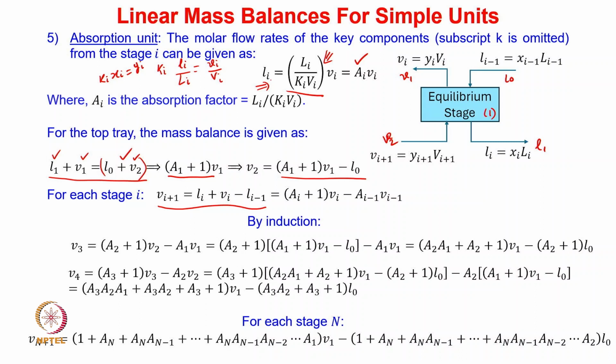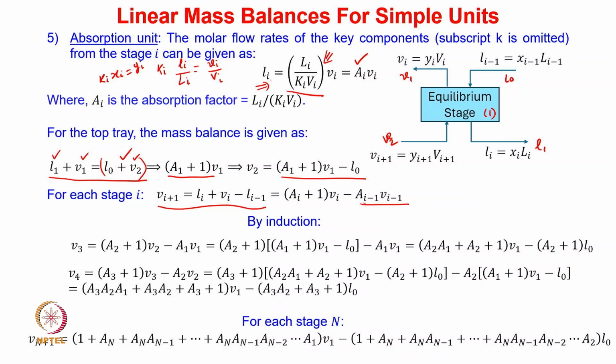In this particular case, L_i can be replaced by A_i V_i. Taking V_i common, it becomes (A_i plus 1) in the bracket times V_i, and L_{i-1} will be nothing but A_{i-1} times V_{i-1}. That is what is written here.